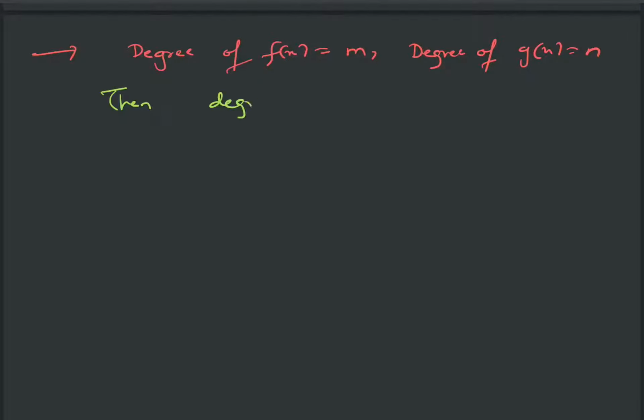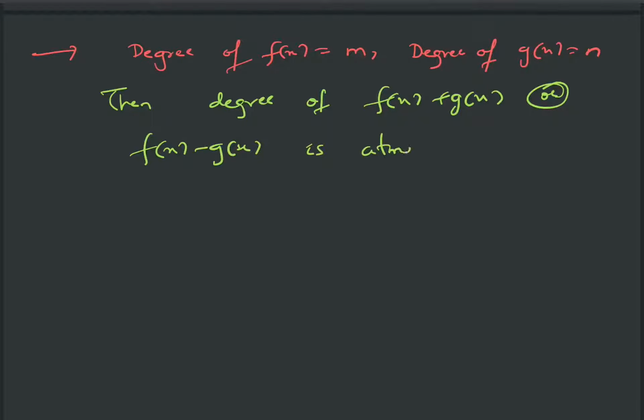Let me just tell you some facts. If the degree of a polynomial f of x is say m, and say the degree of polynomial g of x is n, then the degree of f of x plus g of x, or say the degree of f of x minus g of x, is at most the maximum of m and n.